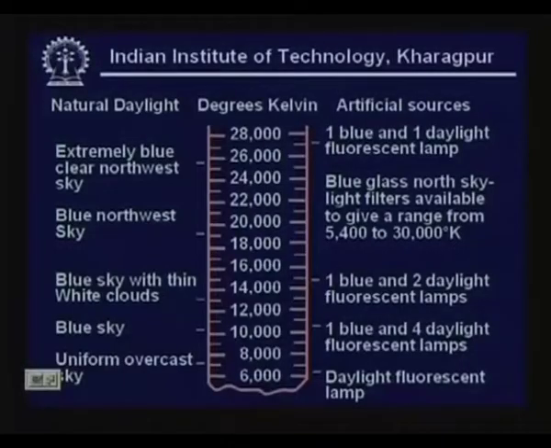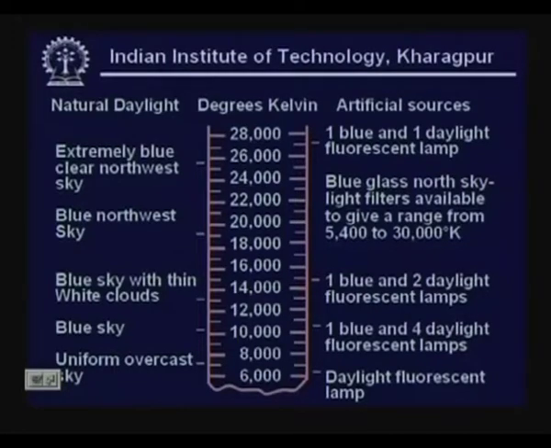Now, once again let us have a look at how these color temperatures are located and where our eye is. So, we saw how the natural light and the artificial sources are put along with the color temperature scale. As you can see, the blue northwest sky is around 20,000 degree Kelvin, corresponding to a fluorescent lamp with blue glass filters.